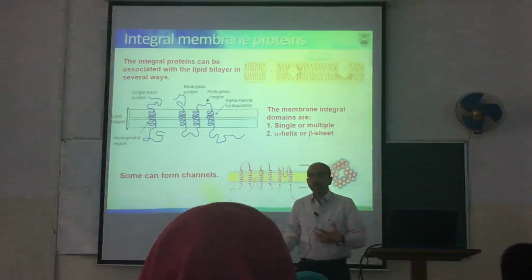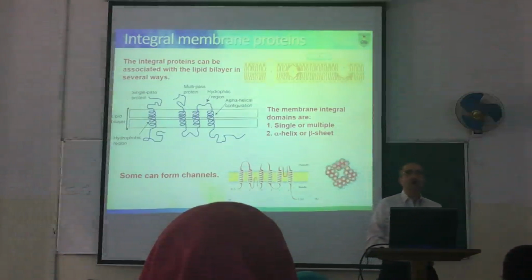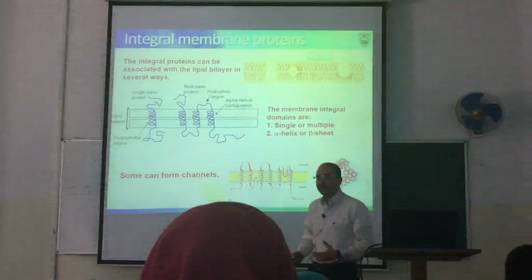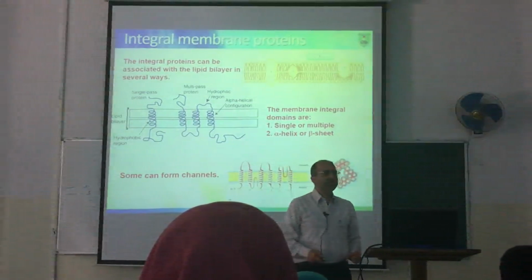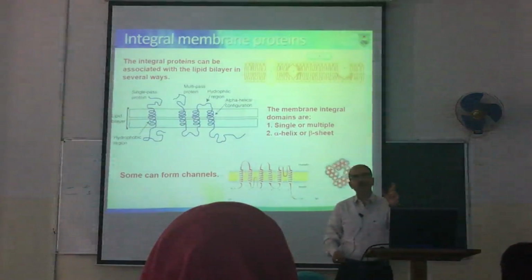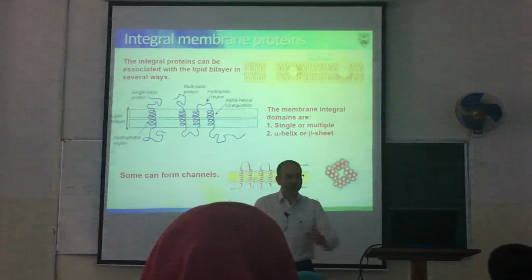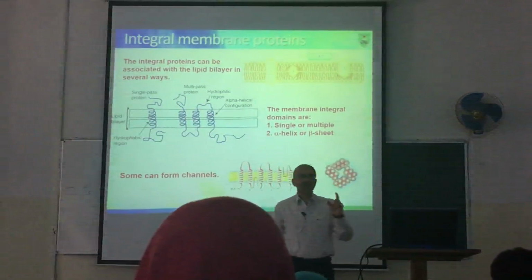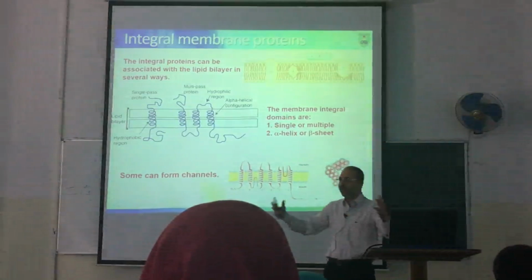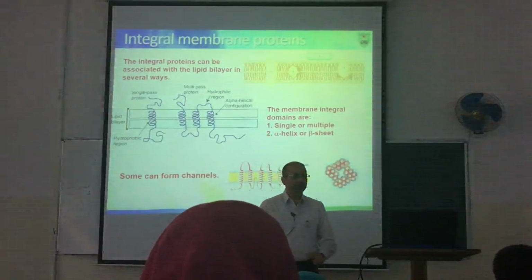The most common number of transmembrane domains in a class of proteins is 7 transmembrane domains.